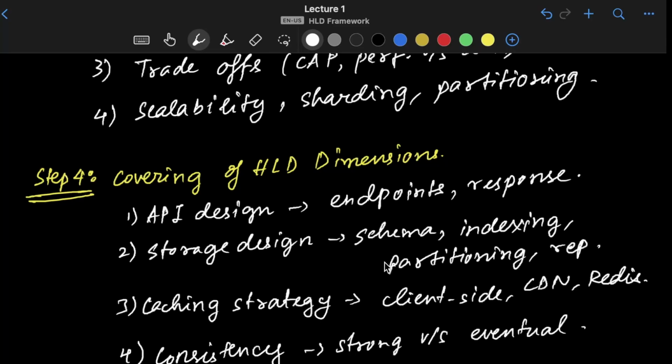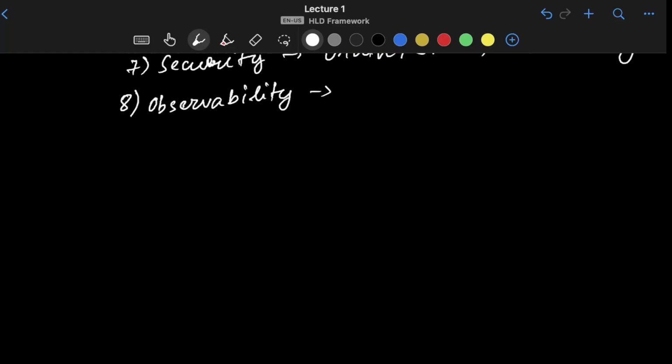And one thing I would also provide you is a kind of table. This is something you can follow if you want to memorize things, but I would not suggest doing this. But in case it benefits you, I would like to share this part also.